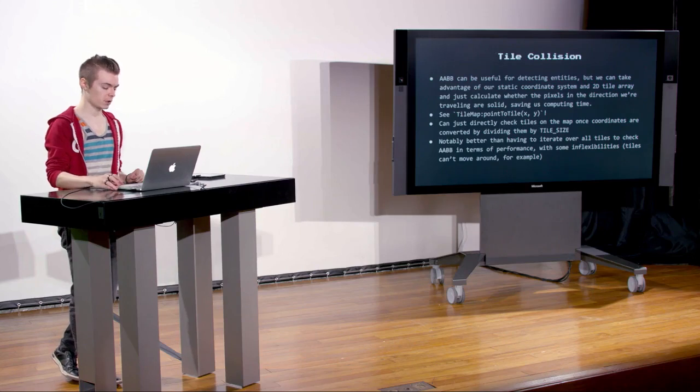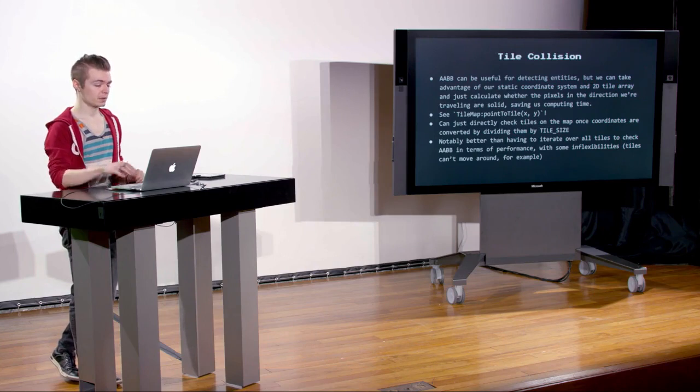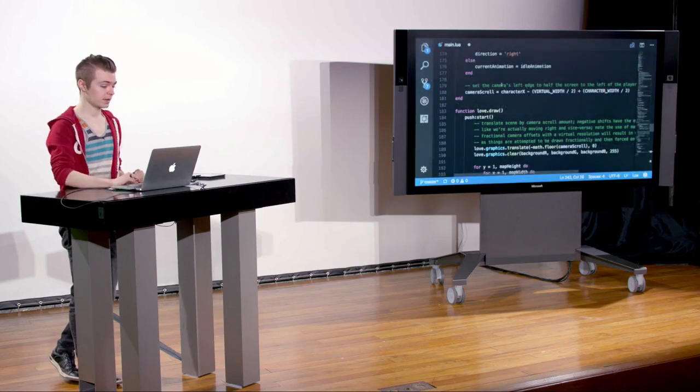Okay, so far we've talked about procedural level generation, animation and rendering and all that stuff. We haven't really talked about how to do tile collision. We won't go into a terrible amount of detail because the code is a little lengthy. It'll be part of your assignment to read over it and understand it, but it's in the tile map class that we have.